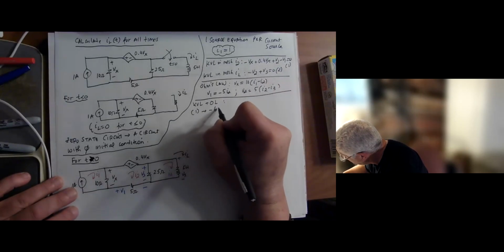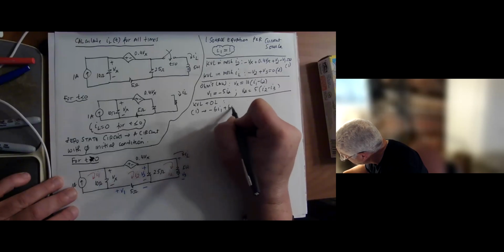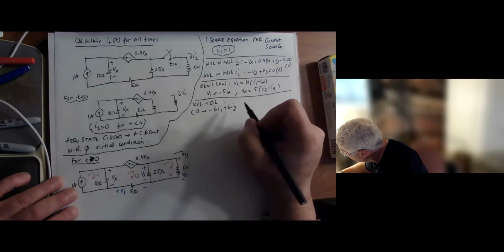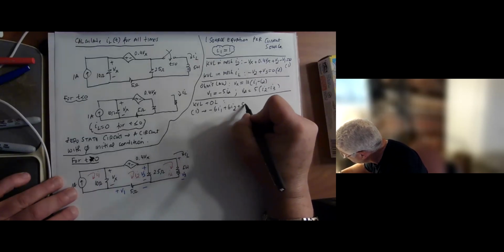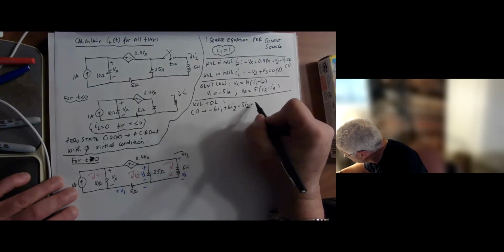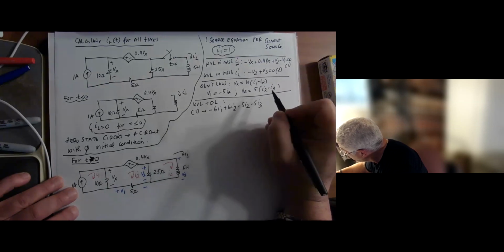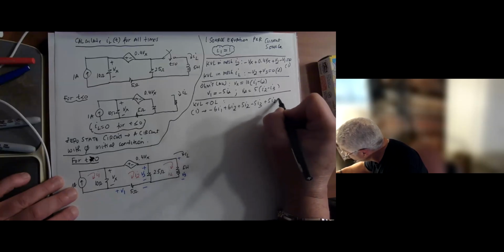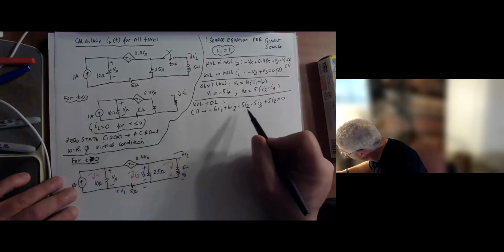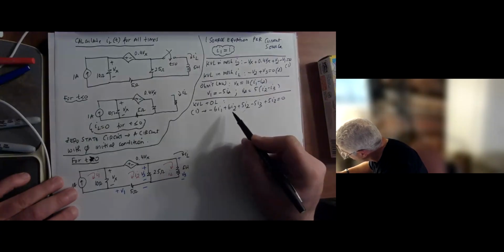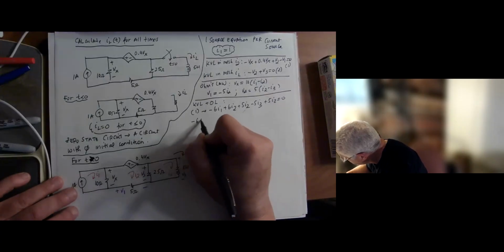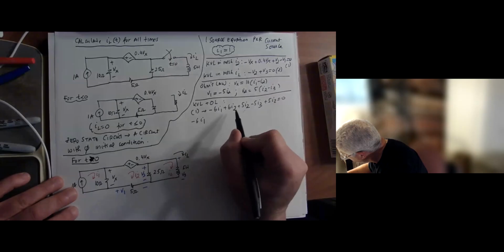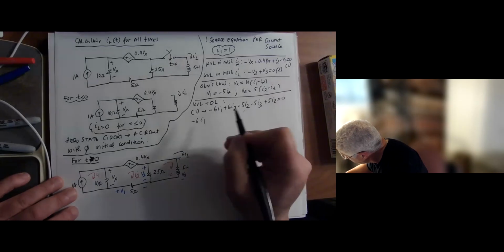We have minus 6I1 plus 6I2, plus V2, which is 5I2 minus 5I3, minus V1, so plus 5I2, equals 0. Collecting terms, we have minus 6I1, and then how many I2? 6, 11, so it's 16.